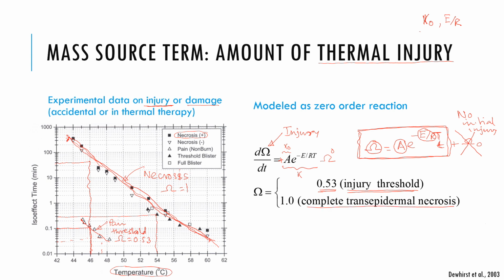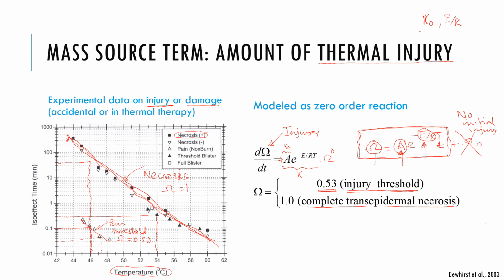Okay, so once we have these values, then I can calculate injury at any time for any temperature. That's what our purpose is. So again, once we have these values, injury starts from 0 and increases.